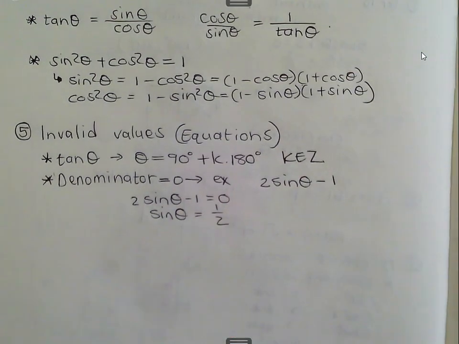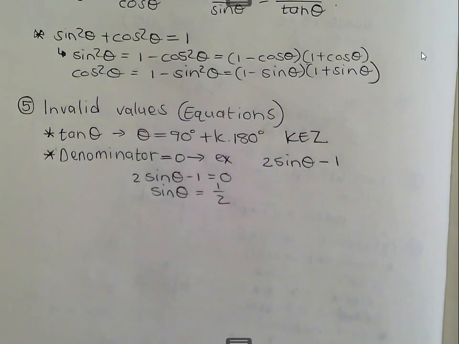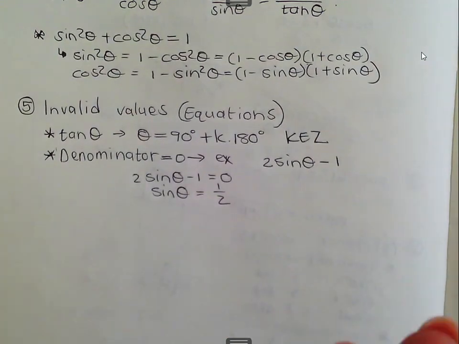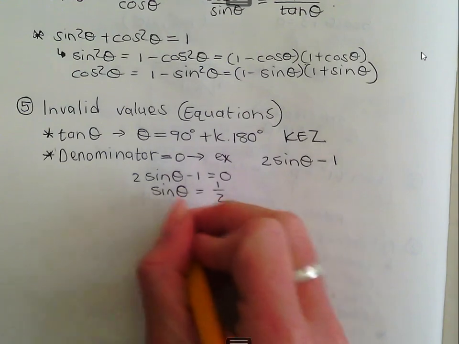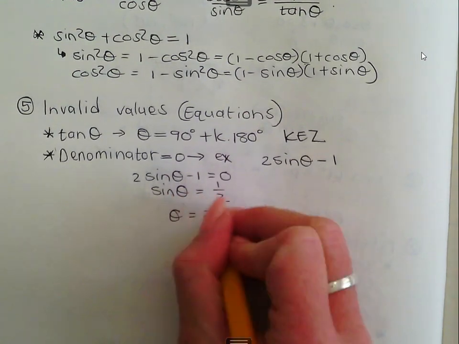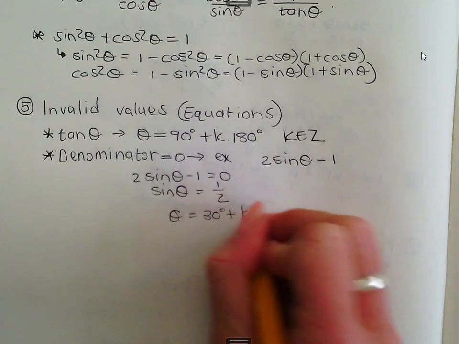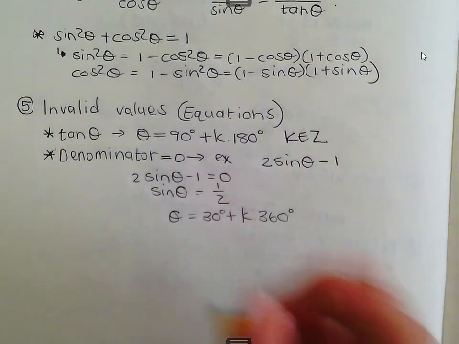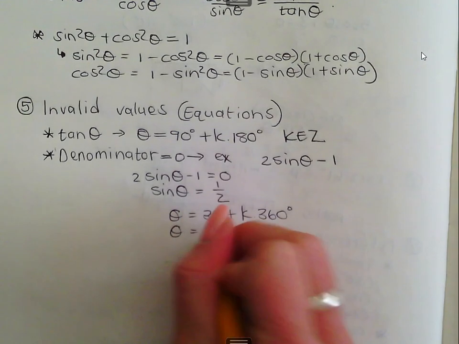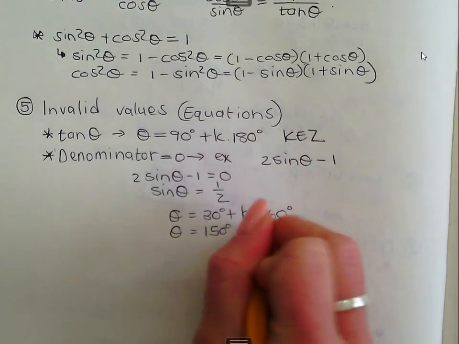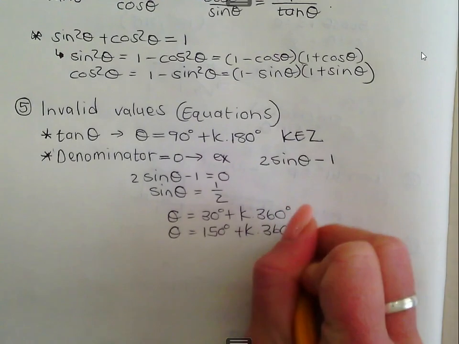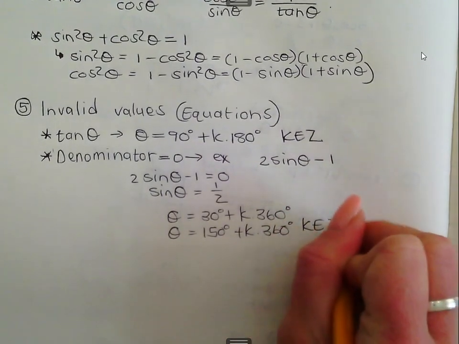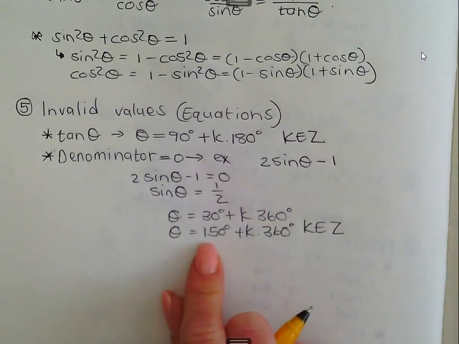You get your reference angle. Because with these equations, you're going to use a calculator, hey? So you're going to say shift sin a half. Then you get your answer theta equal to 30 degrees plus k times 360, but it's also positive in the second quadrant, so therefore theta also equals 150 degrees plus k times 360 degrees, and k is an element of Z. You all know how I got to that 150, hey? 180 minus 30, because it's in the second quadrant.